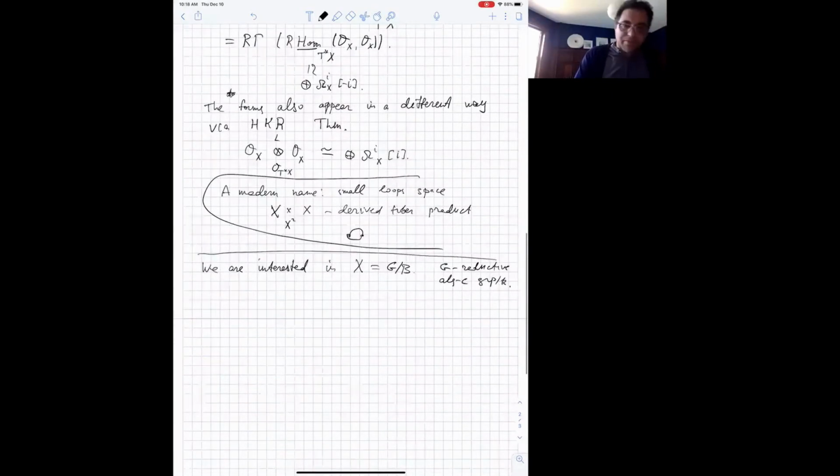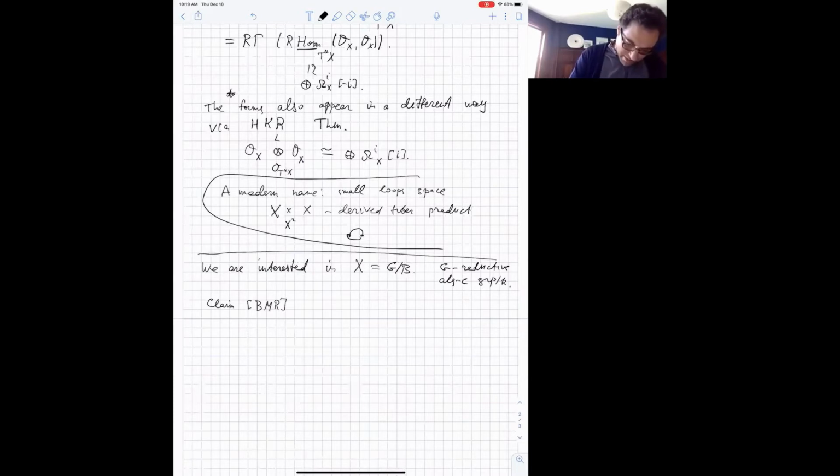The first observation, in my old paper with Mirkovic and Rumynin, is that this G mod B, and more generally G mod P, are D-affine spaces, if you like the name.